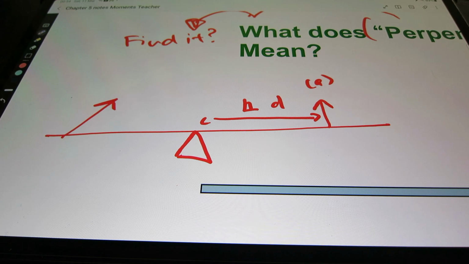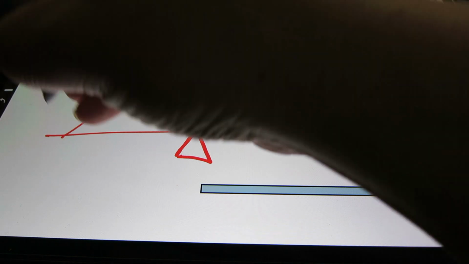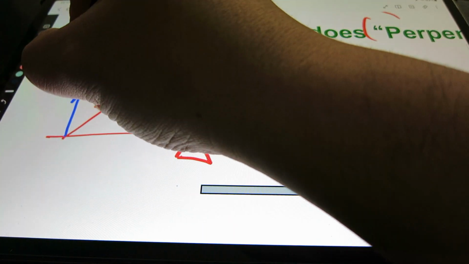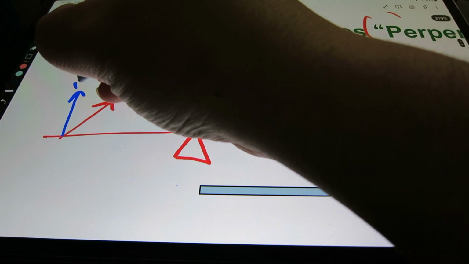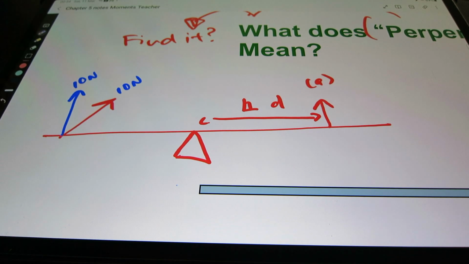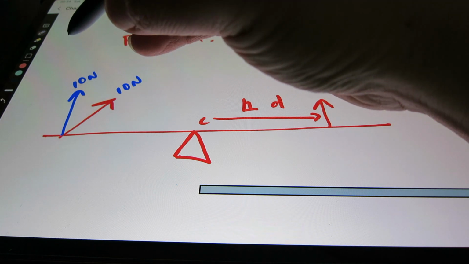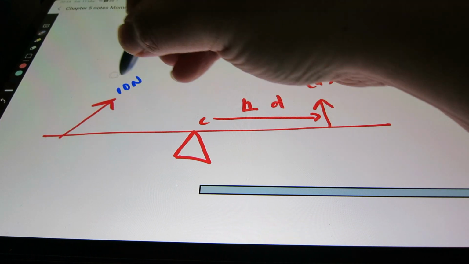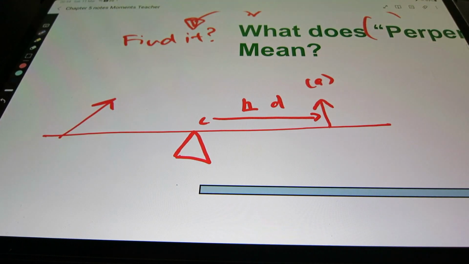Obviously this and this, even if they are both 10 newton forces, will have a different effect on the turning. So we define the perpendicular distance as the difference in the calculation of moments, which is force times perpendicular distance. So let's look at how to identify the perpendicular distance of this red line.